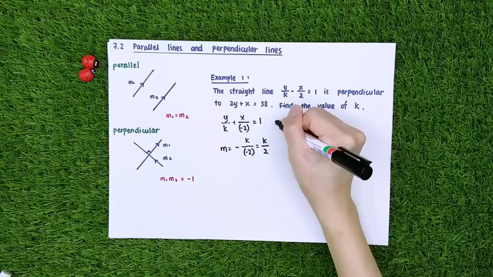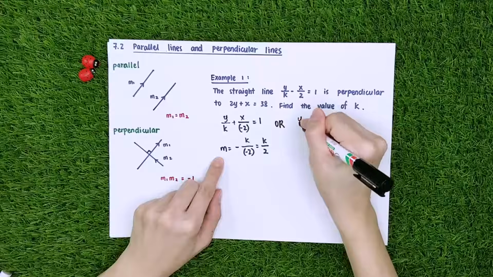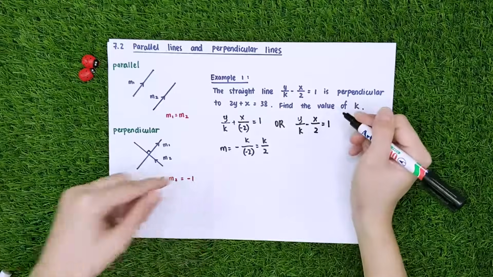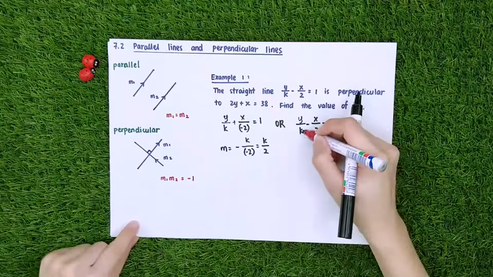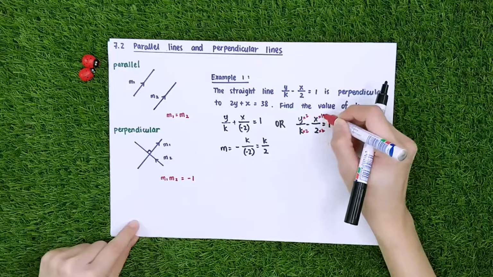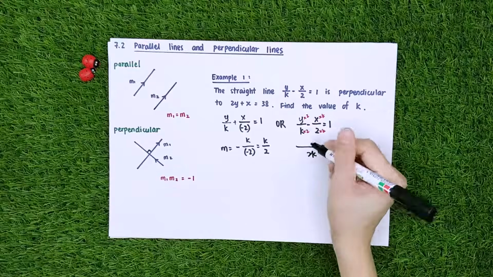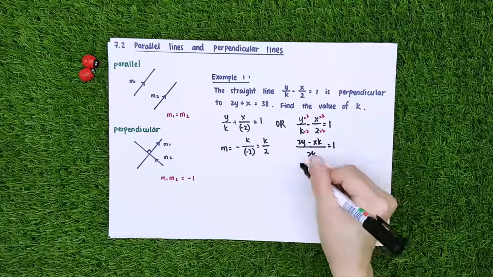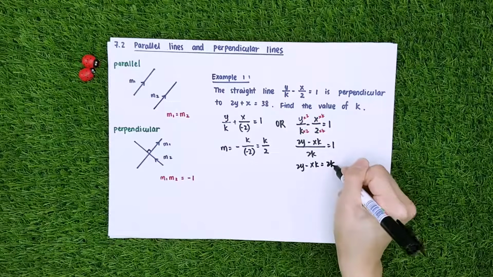Or you can use another way to find the gradient of this equation by using y over k minus x over 2 equals 1. Then I will make the denominators the same by multiplying by 2 and k. So I will get the denominator 2k. Here is 2y minus xk equals 2k.